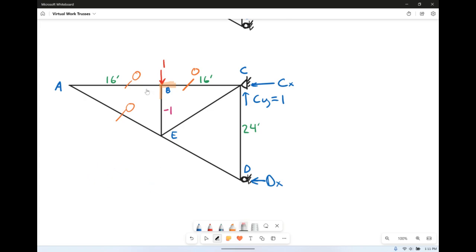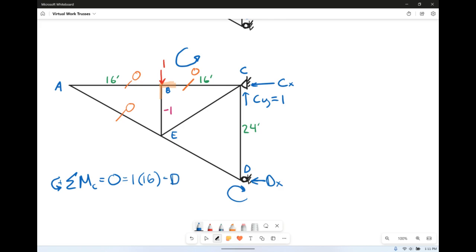Next, we can sum the moments about C and set it equal to 0, taking counterclockwise to be positive. And we've got our unit load of 1. He's going to be going this way around C, that's positive, times his distance of 16 feet. Then we have dx. dx is going to go this way around. That's going to be negative.